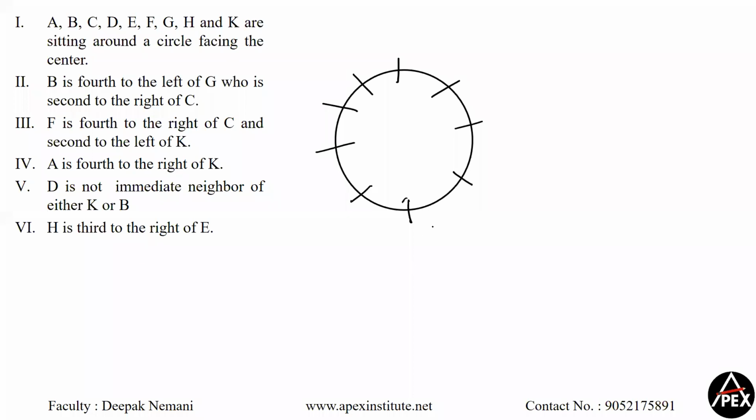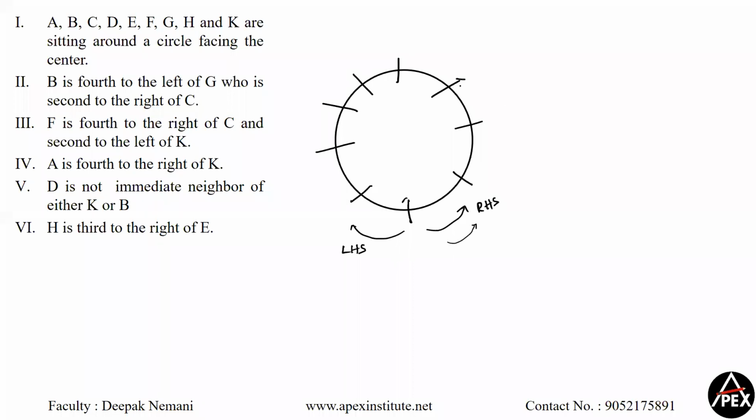So when everyone is facing the center, this will be right hand side for everyone, and this will be left hand side for everyone. Okay, so if everyone is facing the center, what is this direction? This is anti-clockwise. Anti-clockwise will be right hand side and clockwise will be left hand side.